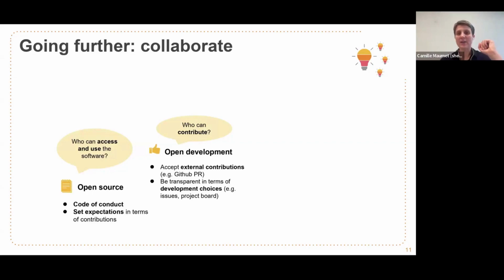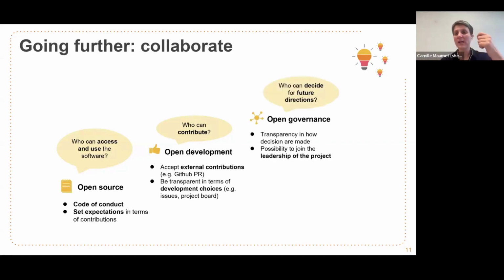And then the last step is to think about who can decide the future direction. So this is what we've done here, open governance. You can decide who can use and access your software, who can contribute, but here it's about who can decide for the future. So this is having a transparent way of making decisions.